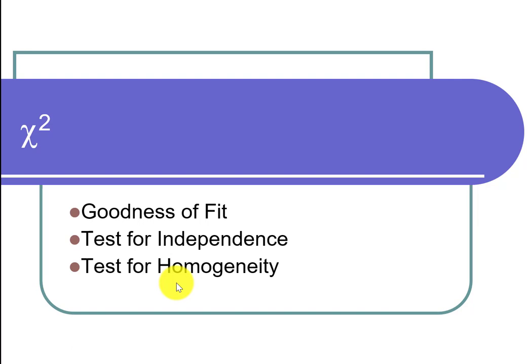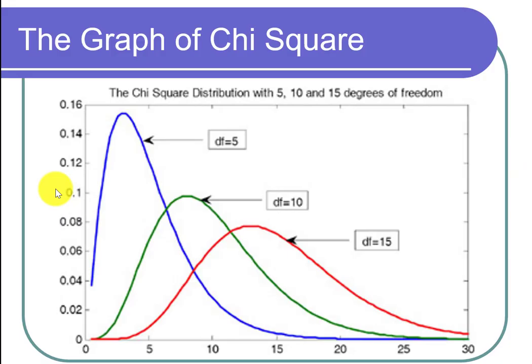And the chi-squared distribution is the distribution that's going to help us find the p-value for the hypothesis test that we're looking for. So here are some graphs of some chi-squared distributions. It's a little bit like the t-distribution.